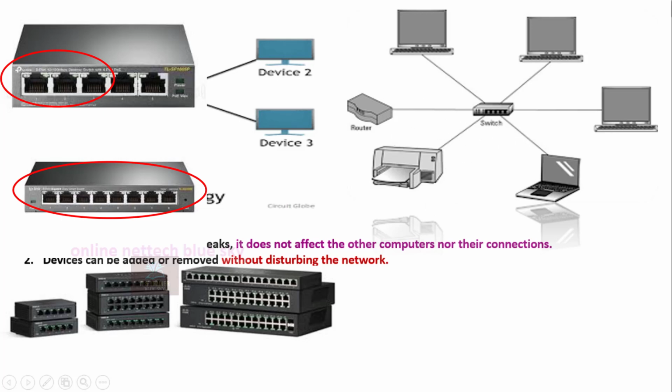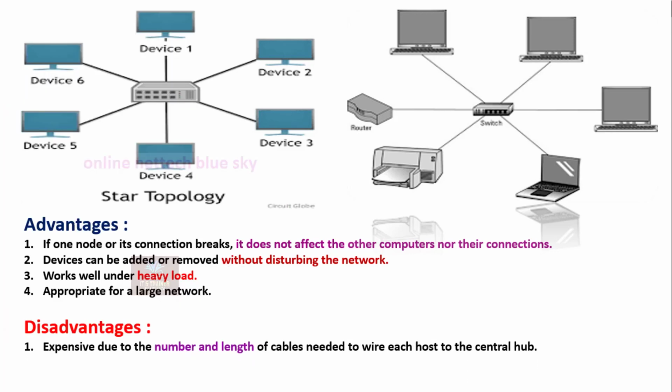So this is a large network, and you can see the different types. The advantages and disadvantages of the star topology are what we are comparing. What is the disadvantage? First, it is expensive due to the number and length of cables needed to wire each host to the centralized hub.